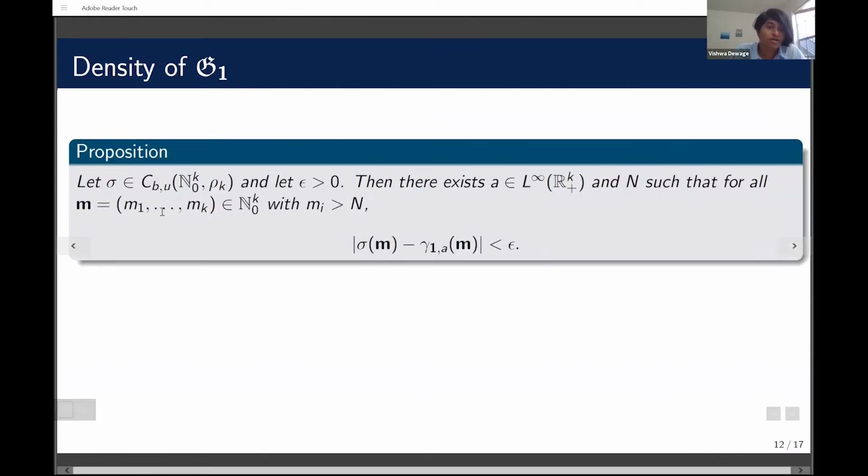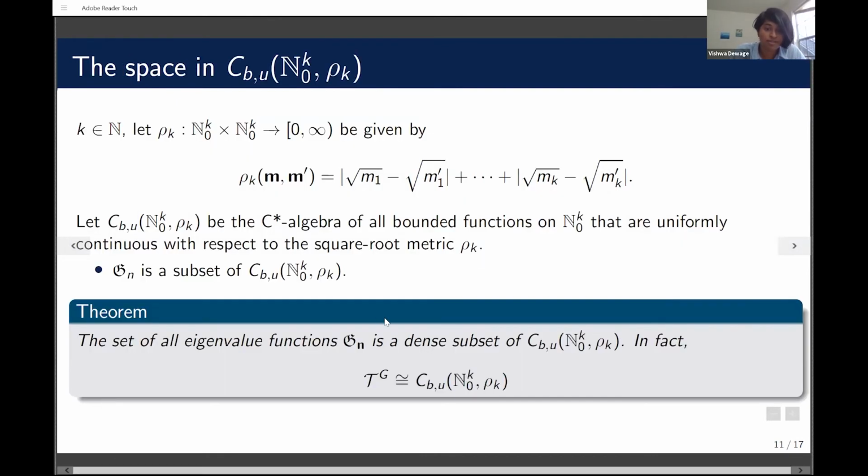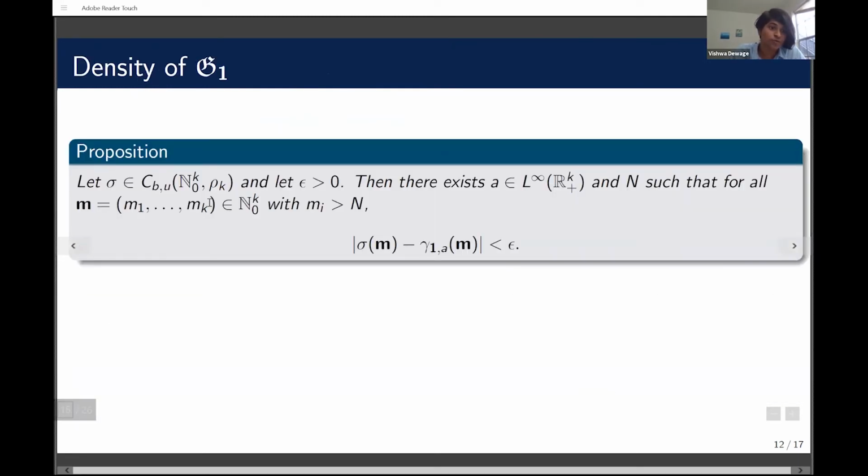Okay. Now, to prove that the set of all eigenvalue functions is a dense subset, the first step is to prove this proposition. If we have an element sigma in CBU, and epsilon is greater than 0, then there exists a symbol A and an integer n such that for all m with all the components greater than n, we have the control.